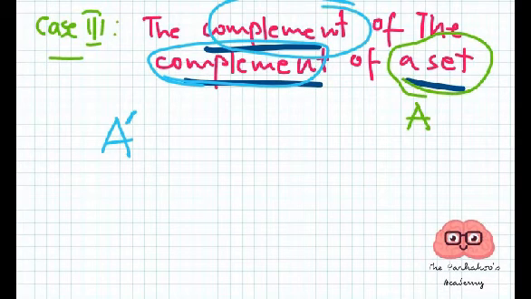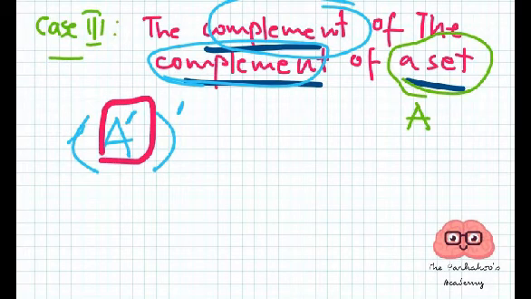Now the complement of this, the complement of the complement, so it's like a double complement, right? So now let's simplify it because it has become really horrific. First let's see this inner one, which is A complement. Now you know what A complement is. A complement is nothing but U minus A.